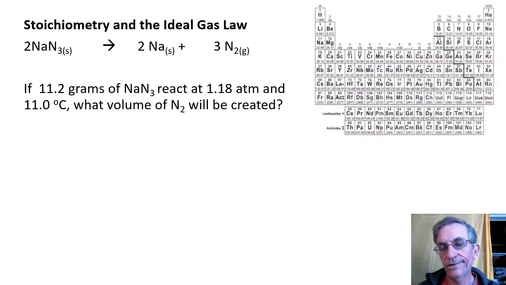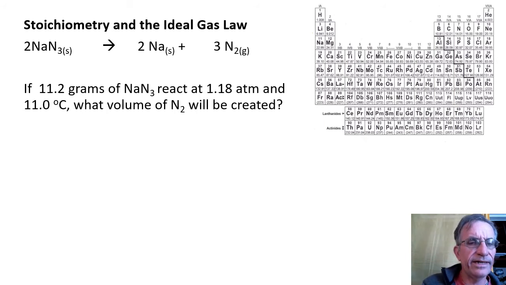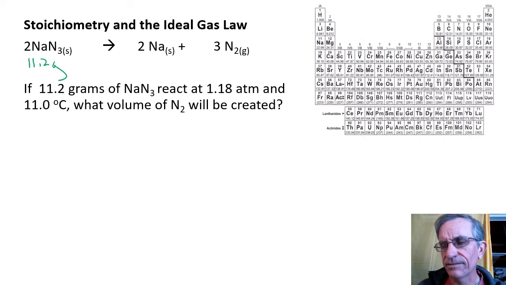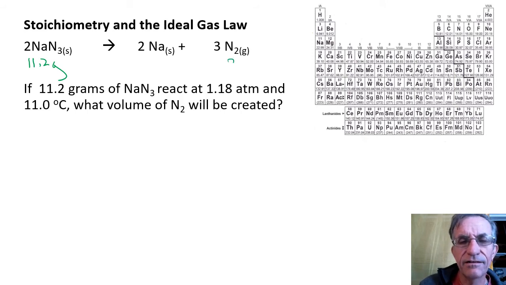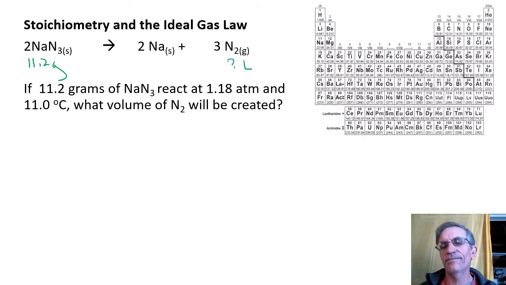Okay, so let's go ahead and try to work it out. Let me read the question again and try to get a little organized to start. So if I start off with 11.2 grams of this, what volume, so I guess that kind of means liters, how many liters of nitrogen am I going to make? What volume of nitrogen? If you look at the question, they've given us some numbers.